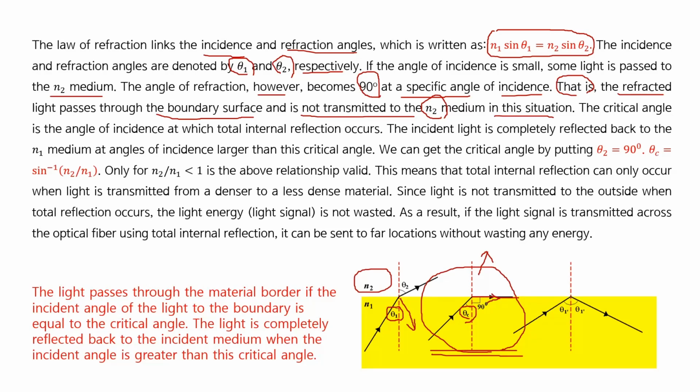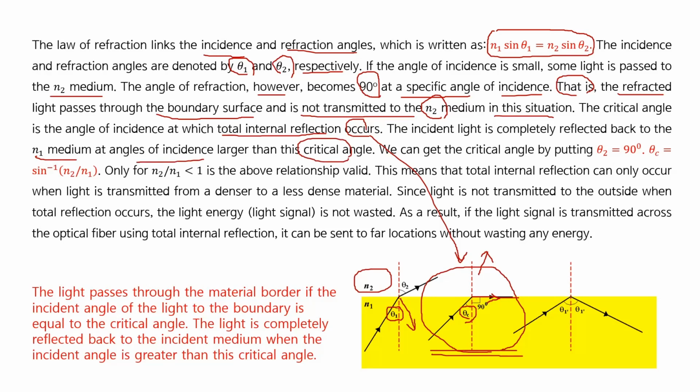So the critical angle of incidence is the angle at which total internal reflection occurs. Under this condition, the incident light is completely reflected back to the N1 medium at angles of incidence larger than this critical angle.